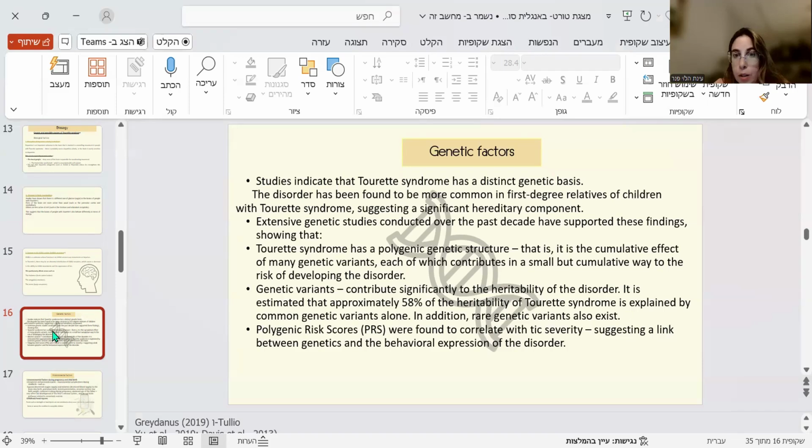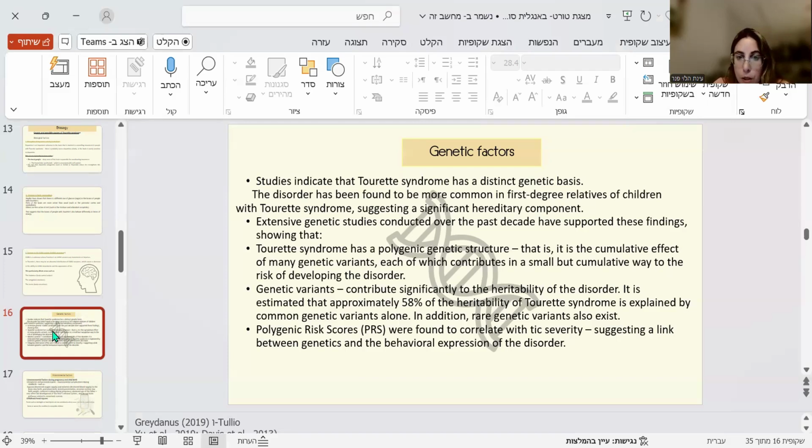Extensive genetic studies conducted over the past decades have shown that Tourette syndrome has a polygenic structure, that is, the cumulative effect of many genetic variants, each of which contributes in a small but cumulative way to the risk of developing the disorder.